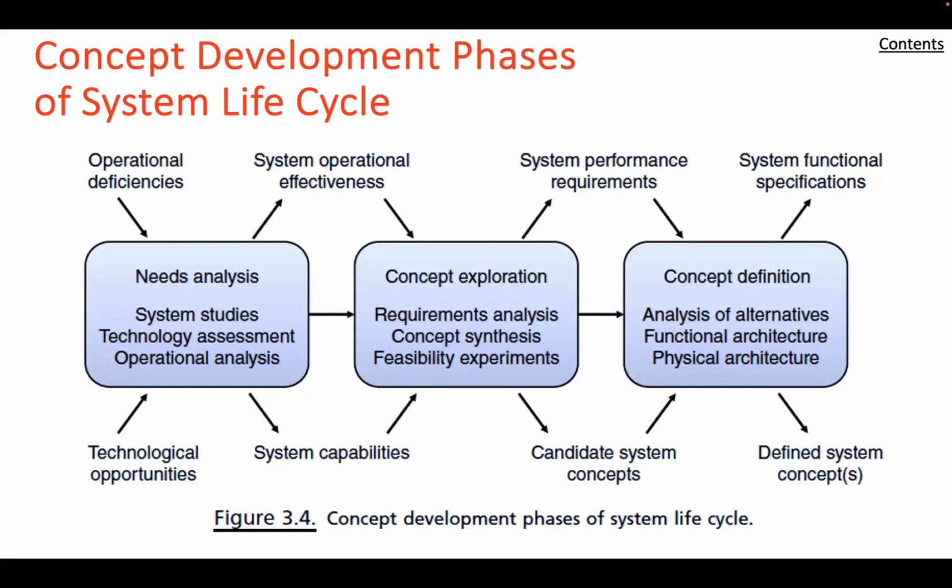The output of this phase is a description of the capability and operational effectiveness needed in the new system. In many ways, this description is the first iteration of the system itself, albeit a very basic conceptual model of a system.